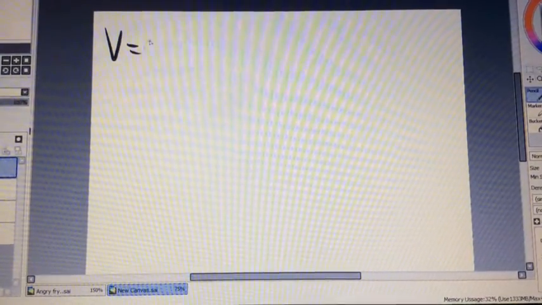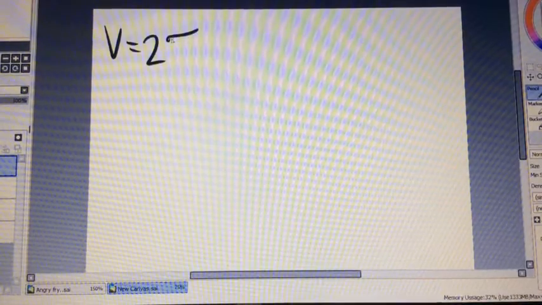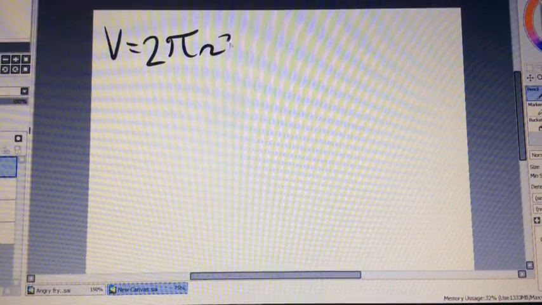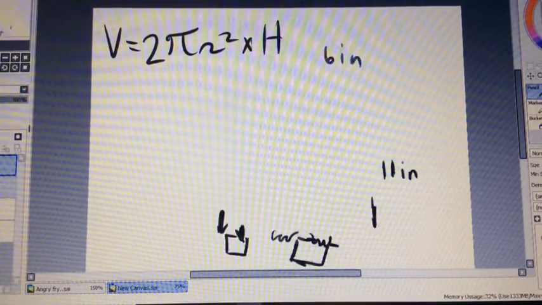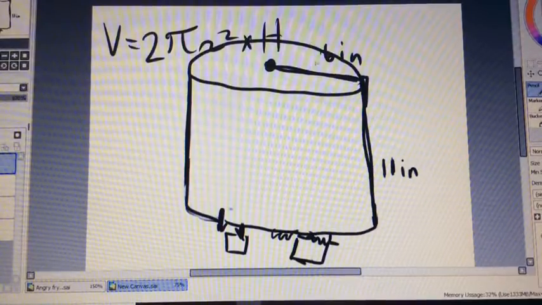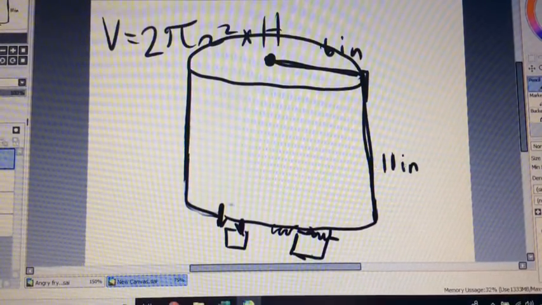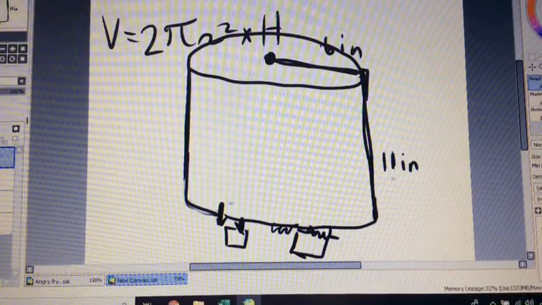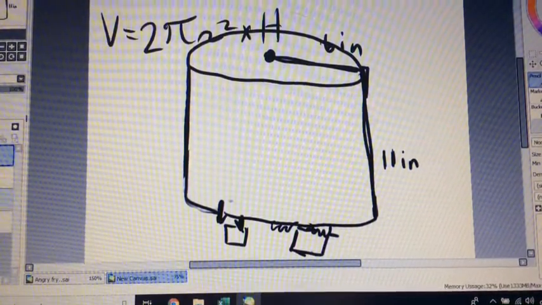So the formula for a volume is pi r squared times height. So our radius is 6, which is going to be our r, and our 11, which is height, is going to be our h.